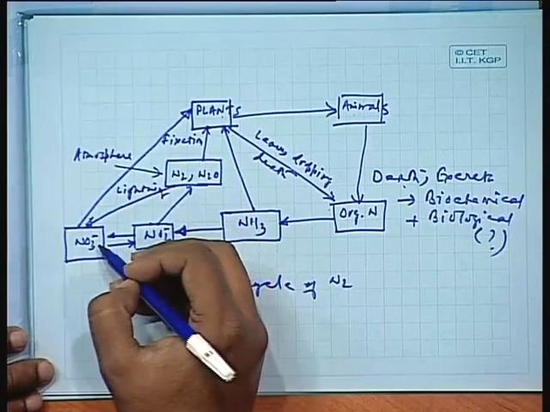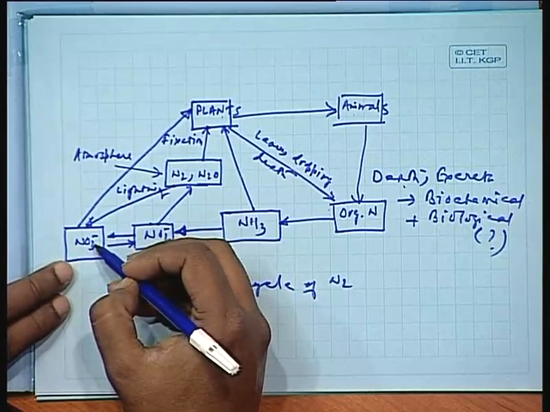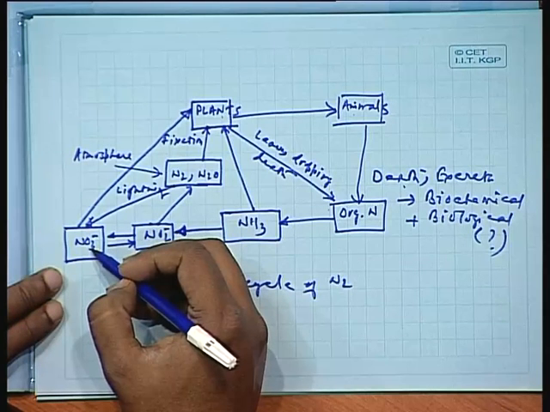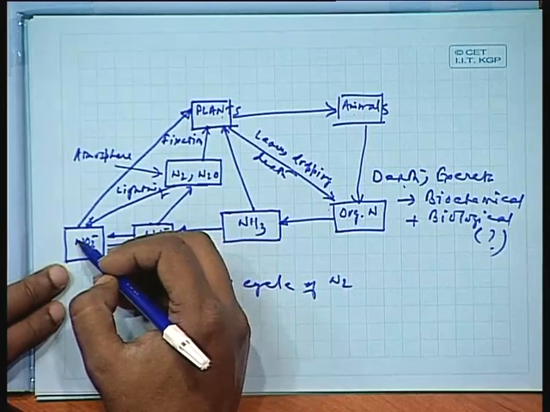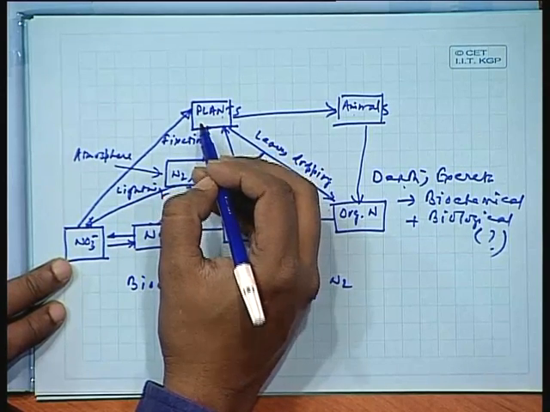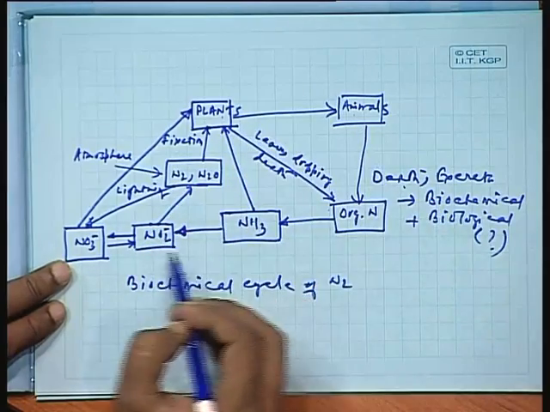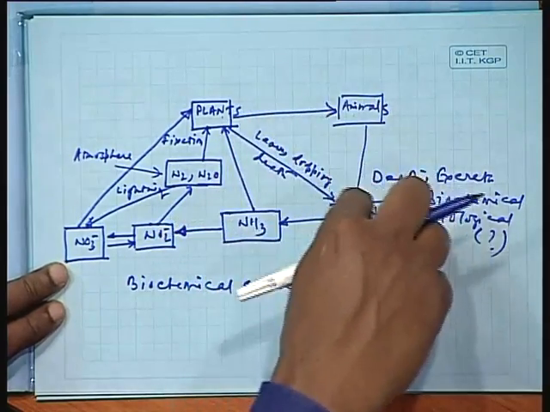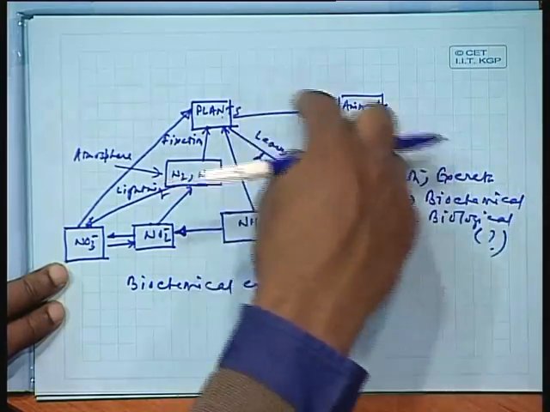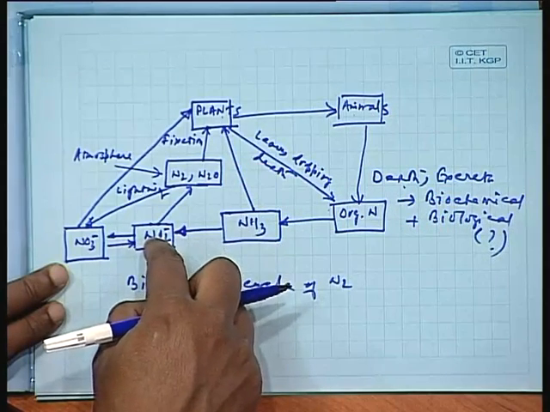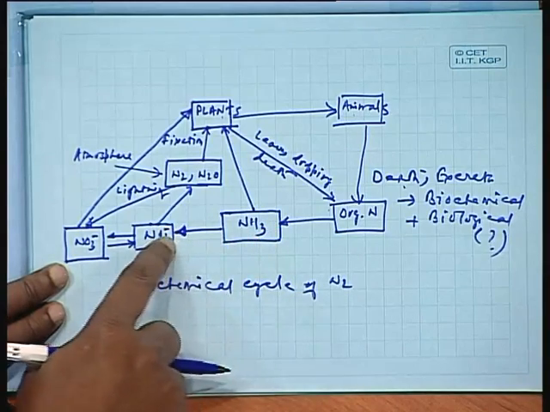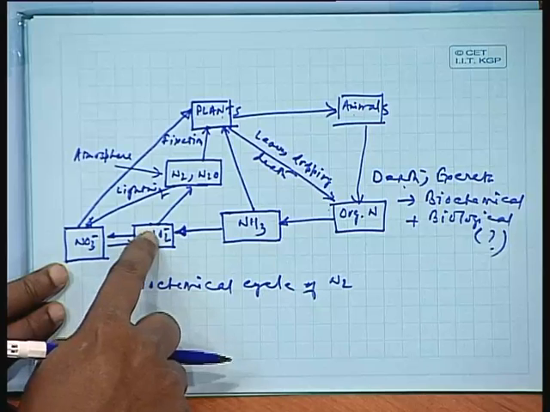Due to lightning it may be fixated as nitrite, and this nitrite, coming down on the ground with the rain, may be absorbed by the plants. So one part of the nitrogen cycle is that by decomposition, leaves dropping, or other biological sources, nitrogen is supplied. This is one source of nitrogen.